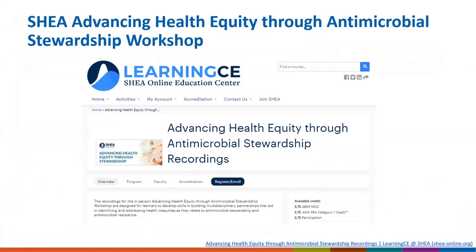The learning objectives focus on describing health inequities as they relate to antimicrobial use, antimicrobial resistance, and antimicrobial stewardship, to define gaps and opportunities in antimicrobial stewardship equity, to identify resources and specific collaborative actions within stewardship teams, as well as other stakeholders, aimed at mitigating antimicrobial prescribing inequities. So definitely encourage you to utilize this online resource as well.